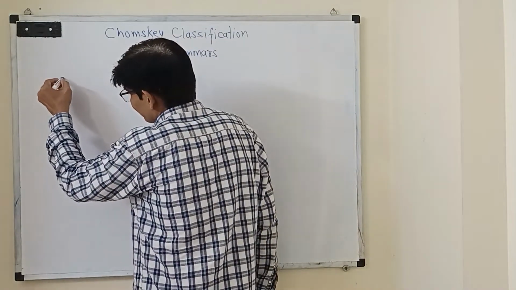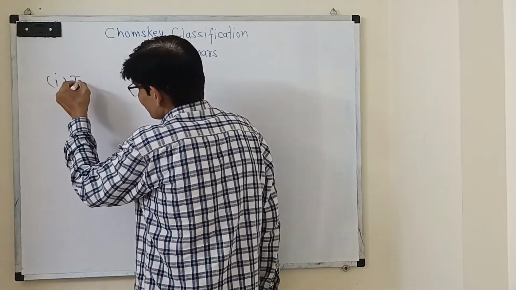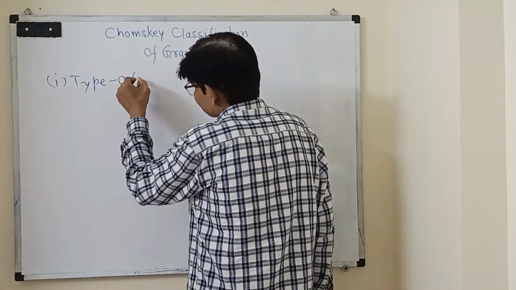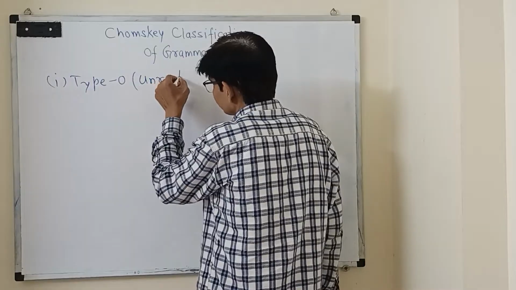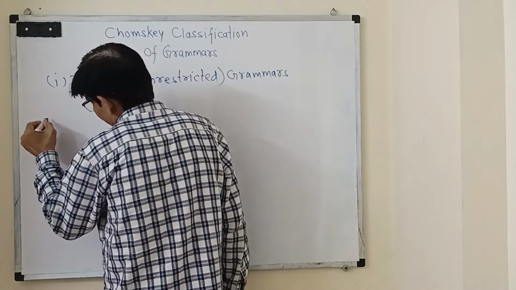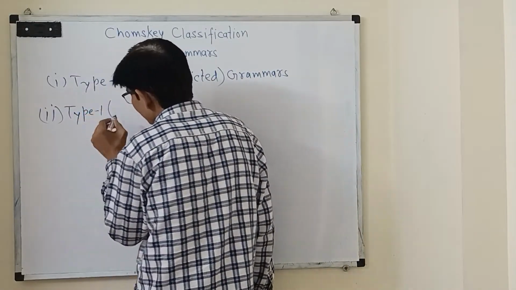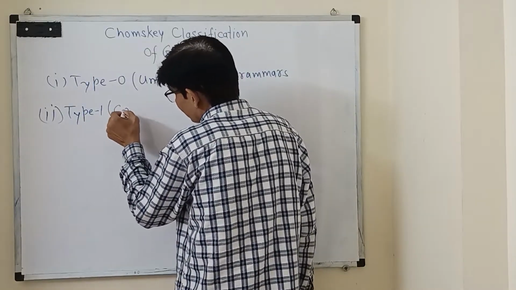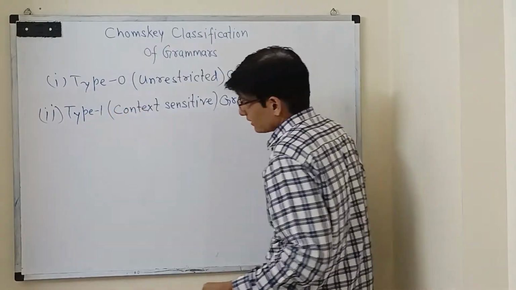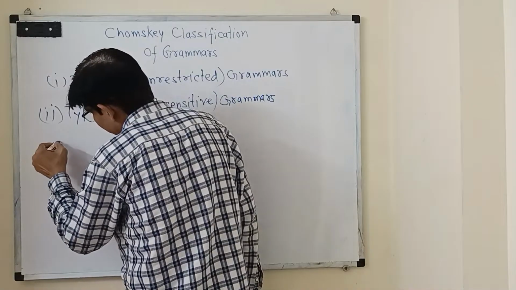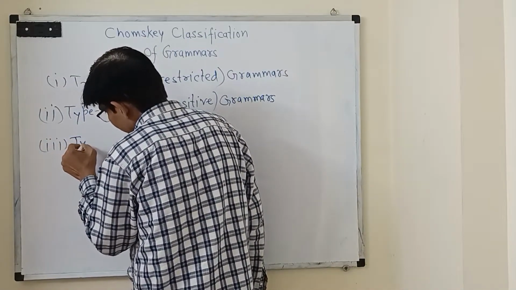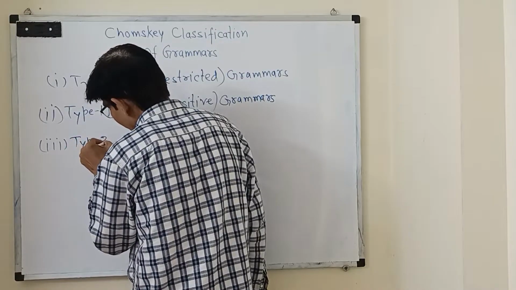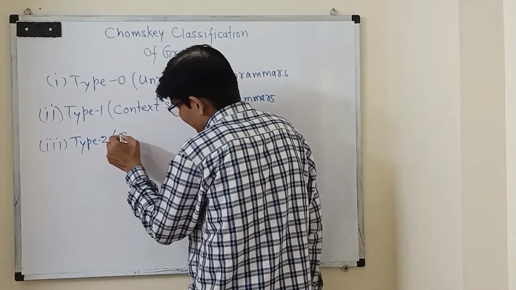So first category of this grammar is type 0 grammar. You can call this unrestricted grammar. Then second type is type 1, or you can also call this context sensitive grammar. Then third class of grammar is type 2, or you can call it context free grammar.